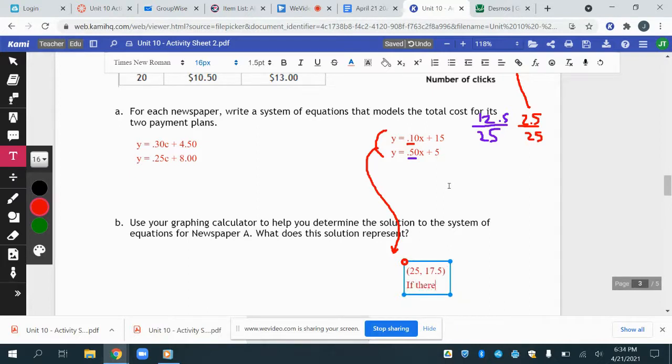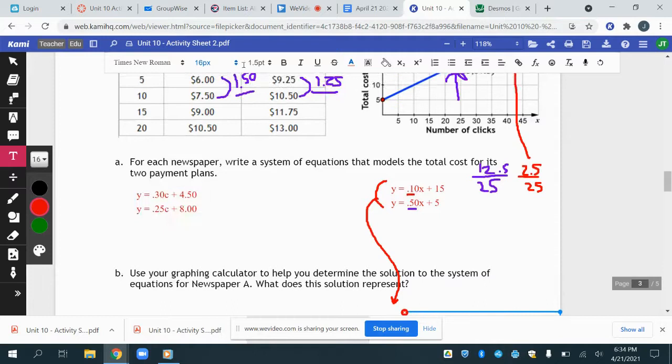If there are 25 clicks for your website or whatever, then these plans will both cost $17.50. What that means.